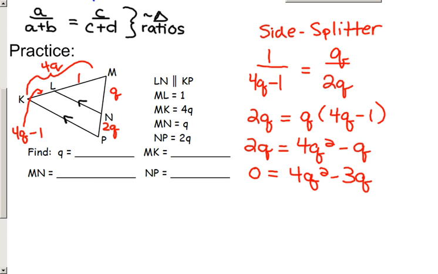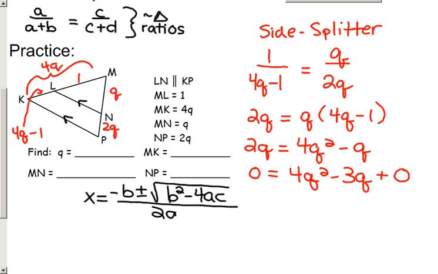If we want to work on solving using the quadratic formula, it's important to acknowledge that your constant here is a 0. While this equation can be solved by factoring, I'm going to use the quadratic formula just to review that for the final exam. So remembering the quadratic formula, x equals the opposite of b plus or minus the square root of b squared minus 4ac, all over 2a.